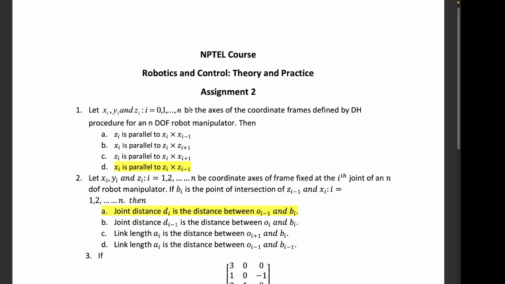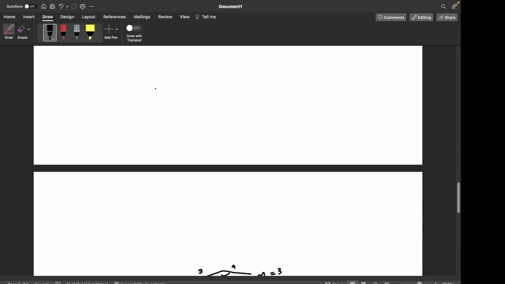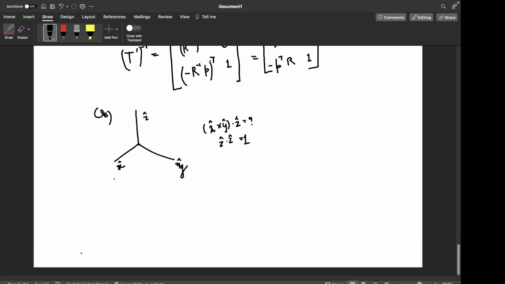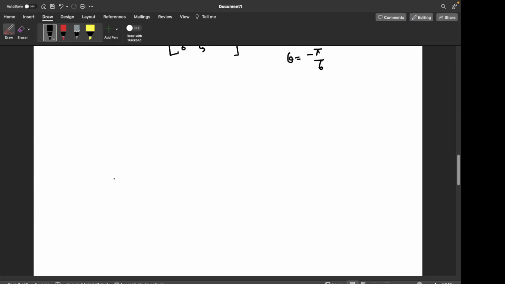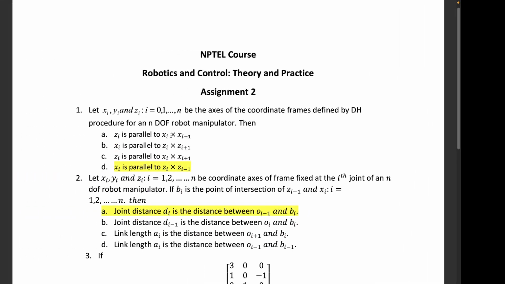So before we start, we can quickly go through the DH parameters. The symbols, I guess, more or less you would be familiar with.